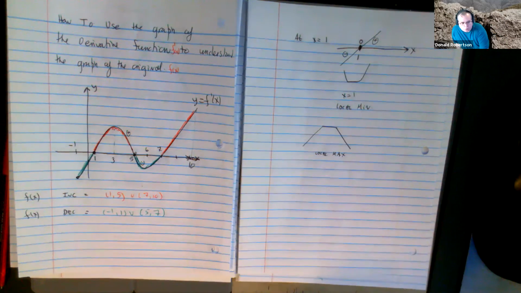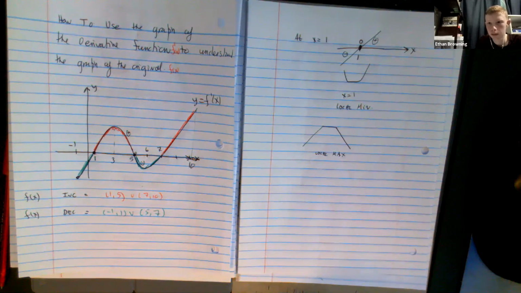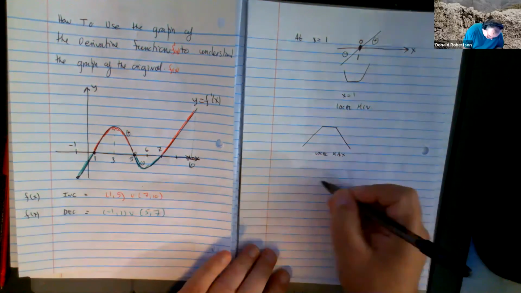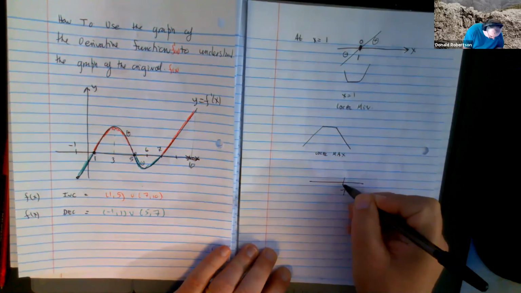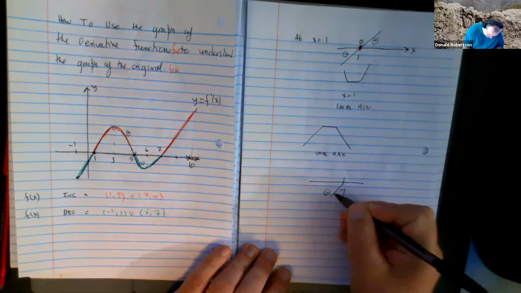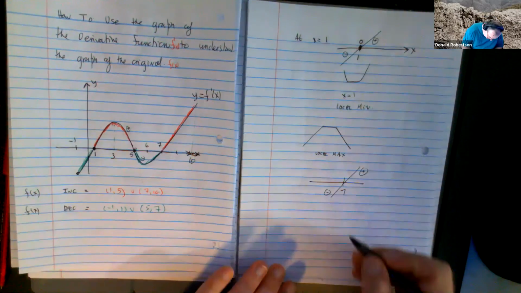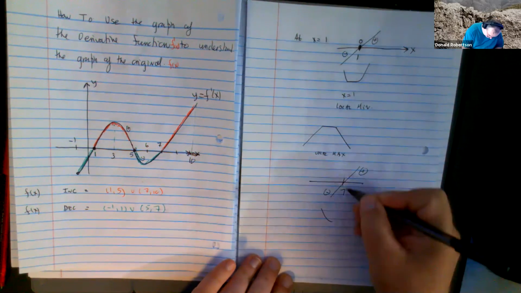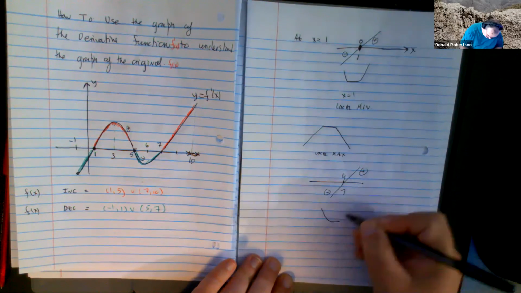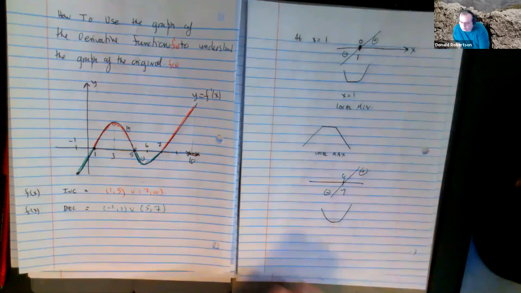Local min or local max? Local min. Let's check it out. At 7, isn't it negative on this side, positive on that side? Negative means decreasing, 0, flat, and up. Can you see a local min again?